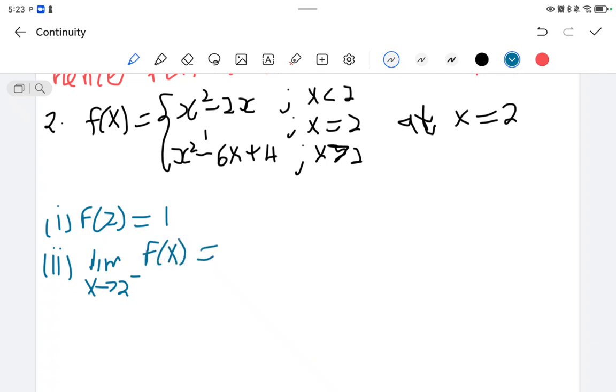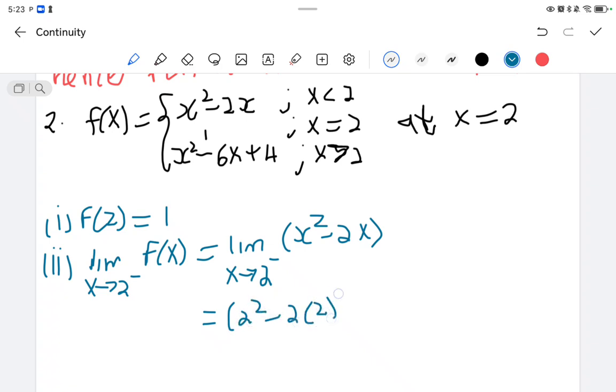Approaching 2 from the left, it's x less than 2, so it's the limit of x squared minus 2x. Here I just plug in: 2 squared minus 2 times 2, and this will be 0. I'm sure we agree with this.